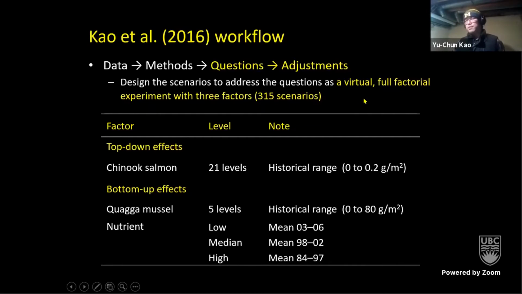Just like many other studies, we built a virtual full factorial experiment. We have top-down effects of Chinook salmon at different biomass levels, and bottom-up effects from quagga mussel and nutrients at different levels. So that is a combination of 315 scenarios.